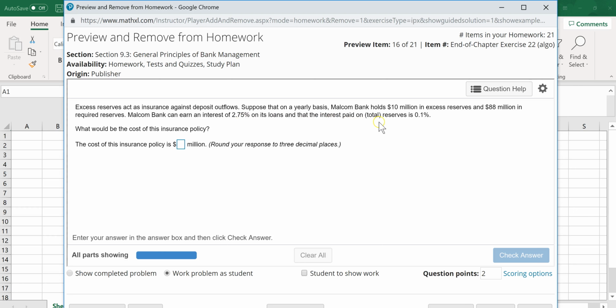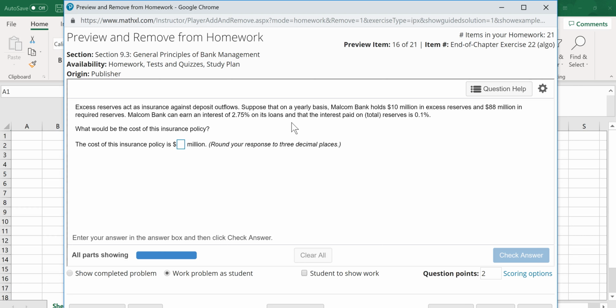So excess reserves, we talked about in class that the benefit of having the excess reserves is that they can serve as insurance against the deposit outflow. Because when there is a deposit outflow, the amount of deposits goes down, but reserves also go down.